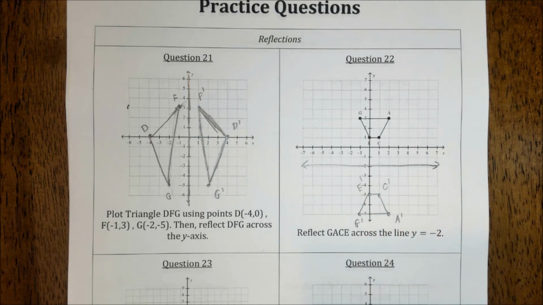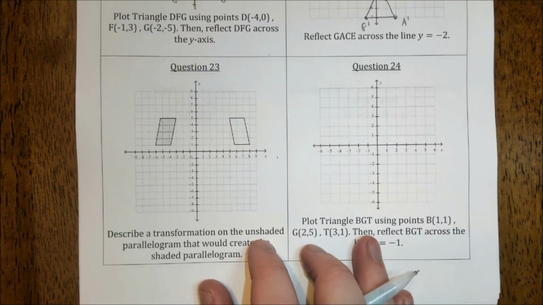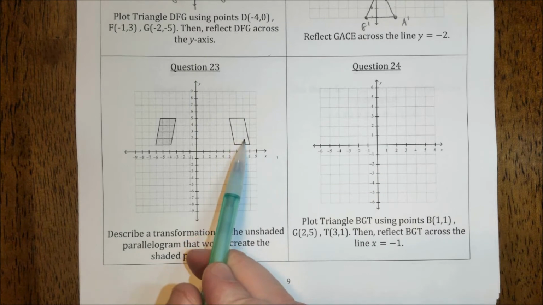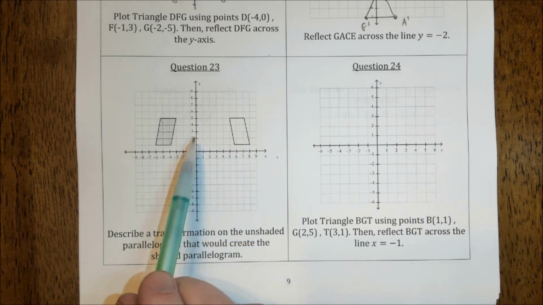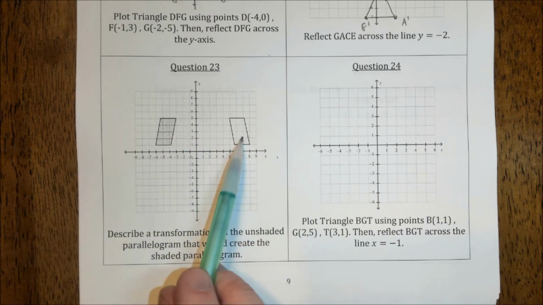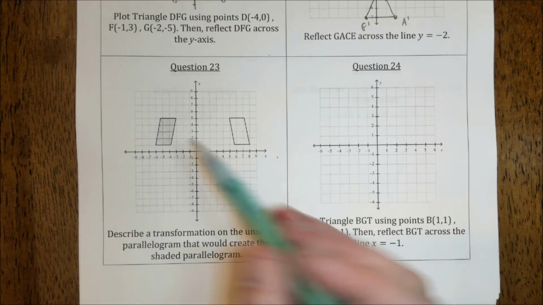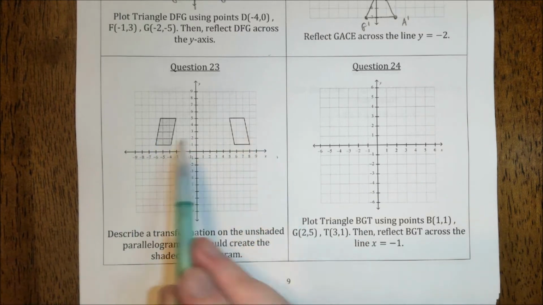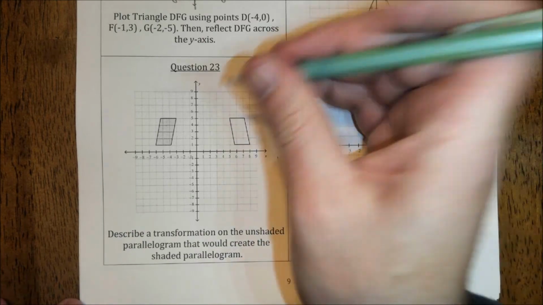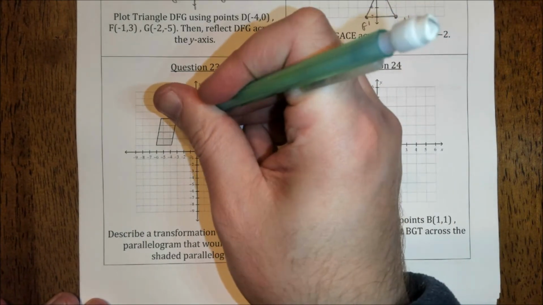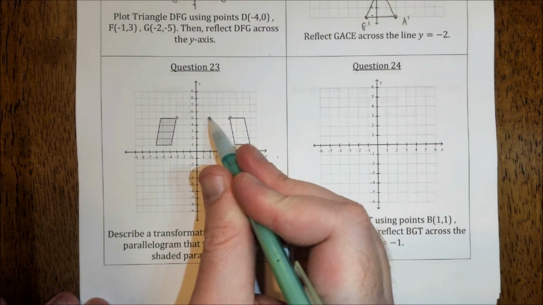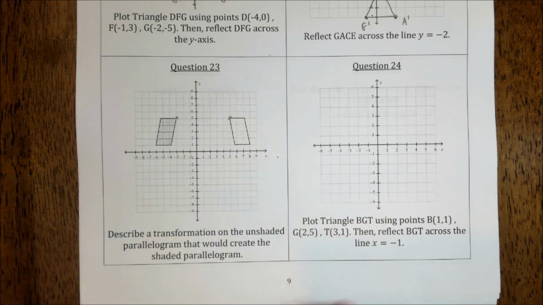All right. Question 23, describe a transformation on the unshaded parallelogram that would create the shaded parallelogram. So this is the starting one, this is the ending one. It's obviously a reflection because it flipped over. Let's use this point and this point, which are 1, 2, 3, 4, 5, 6, 7, 8 away.